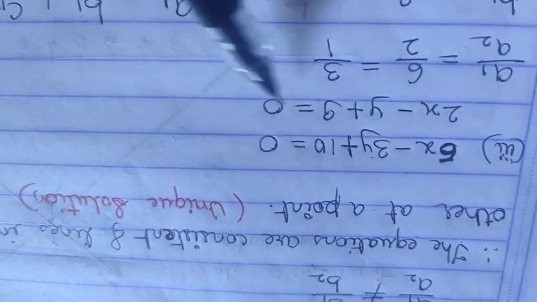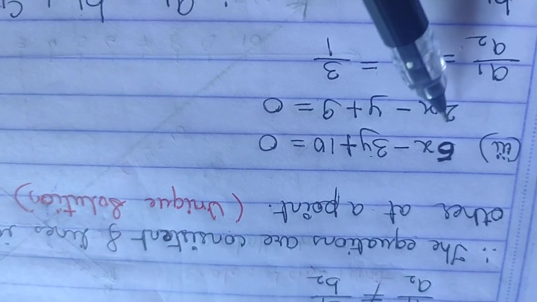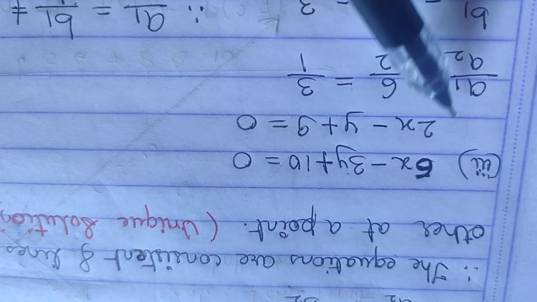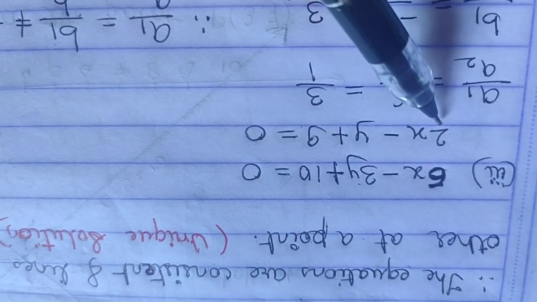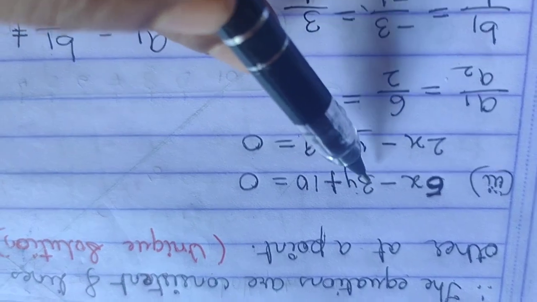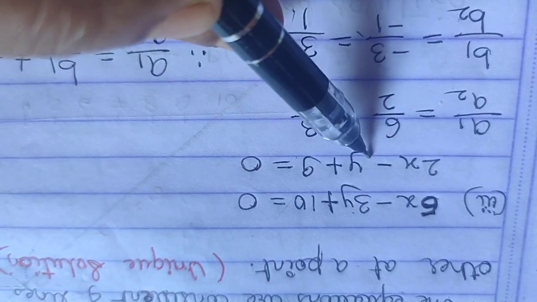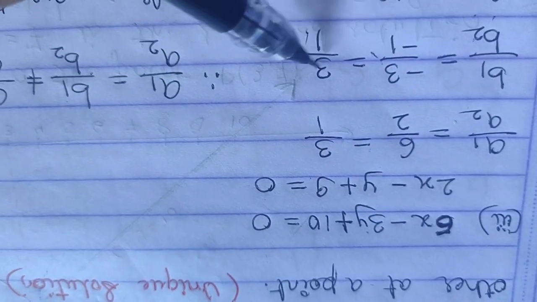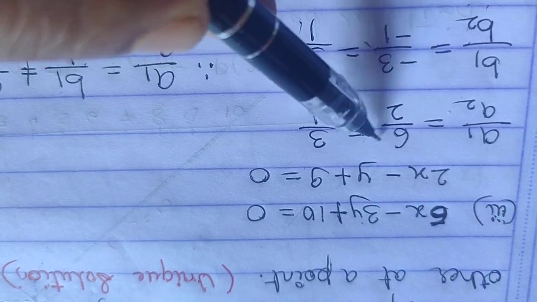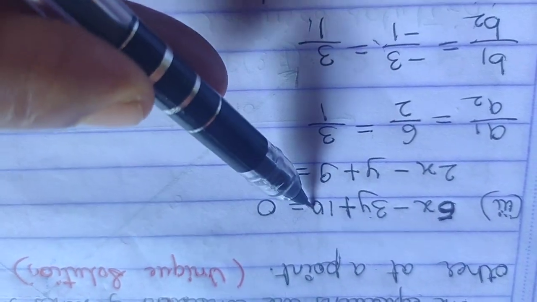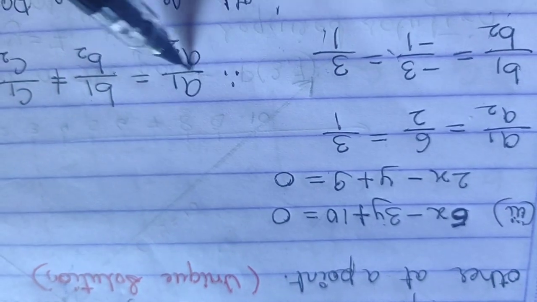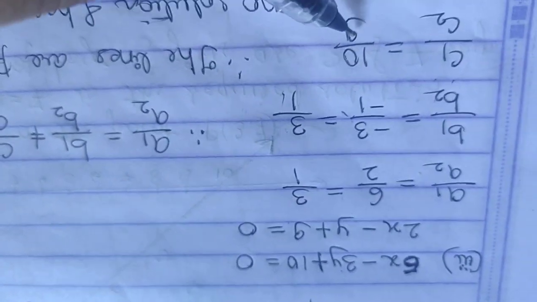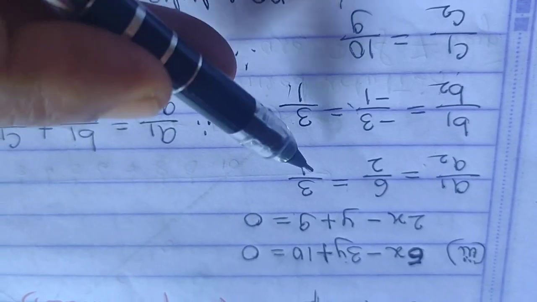And the second example, in this example, the ratio a1 upon a2 is 6 by 2, that is 3 by 1. Second ratio, b1 upon b2 is minus 3 upon minus 1. This ratio is also 3 by 1. So these two ratios are equal. Consider the third ratio of constants, 10 by 9. Now it is not equal to 3 by 1.